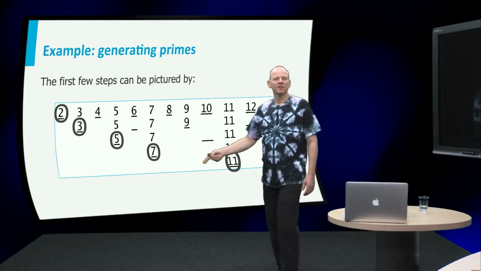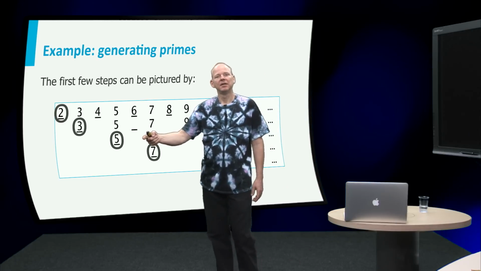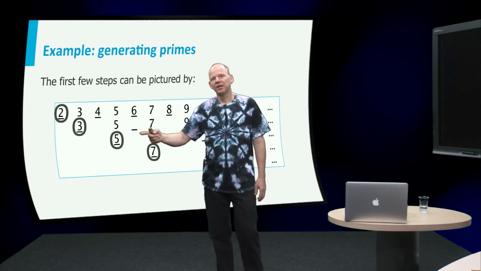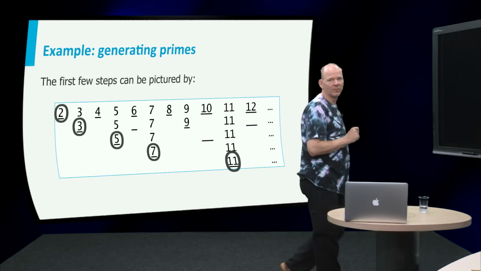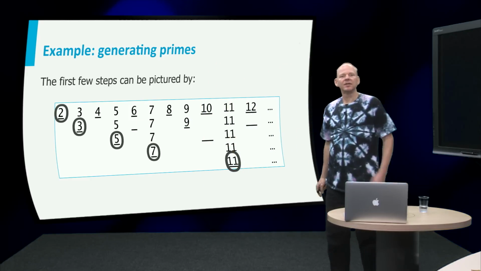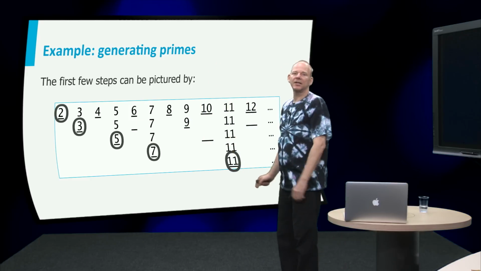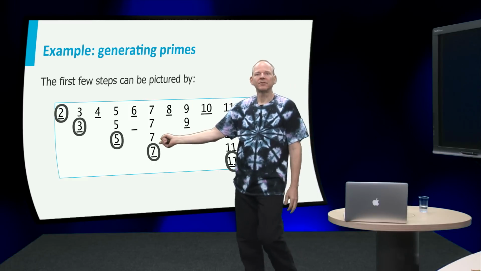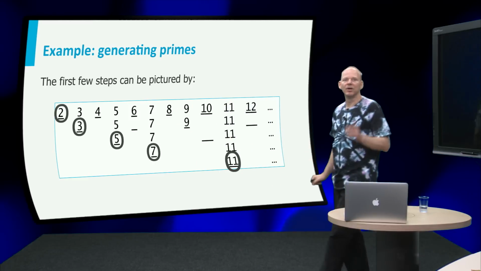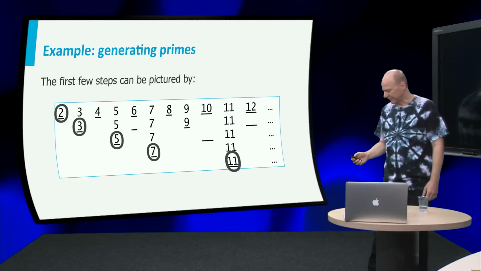And we continue. So now 5 is the next prime. We're going to remove all multiples of 5, etc. So here you see that fairly easily we find the first few prime numbers, 2, 3, 5, 7, and 11.